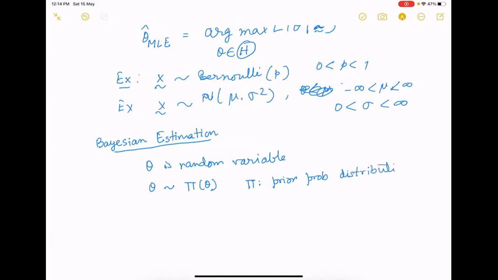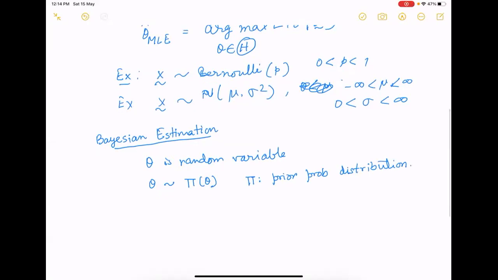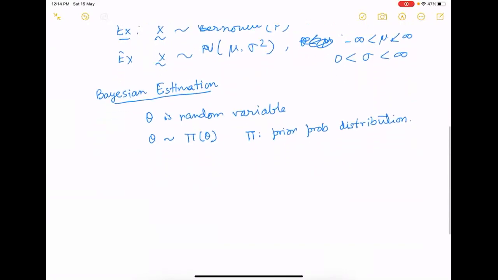This seems like one additional layer of complexity we are adding in Bayesian estimation, but it actually brings a lot more structure to the problem, and we will see how. So we are assuming theta has its own distribution.